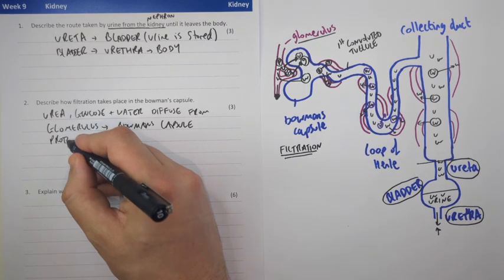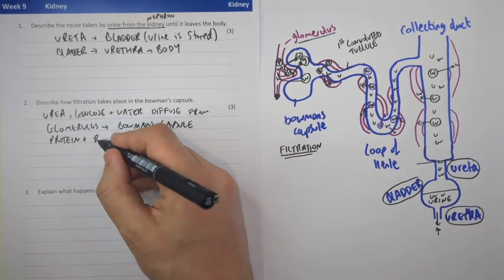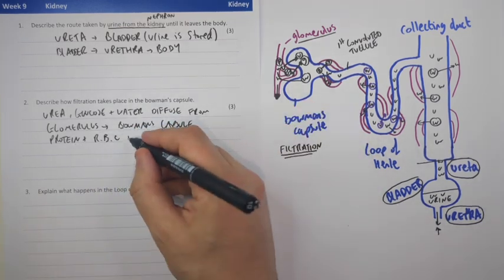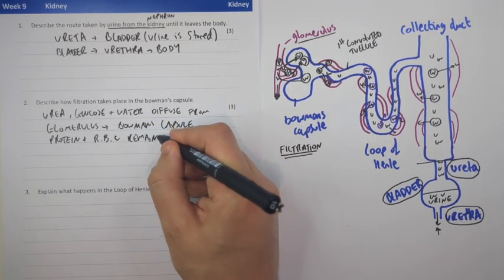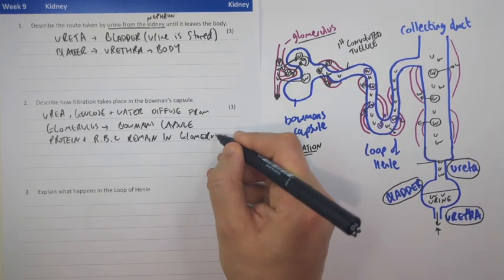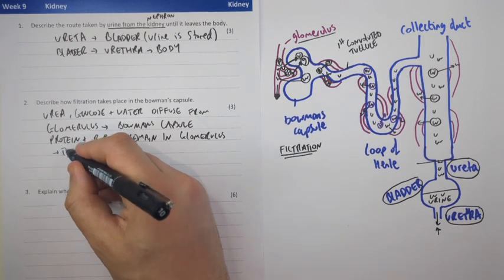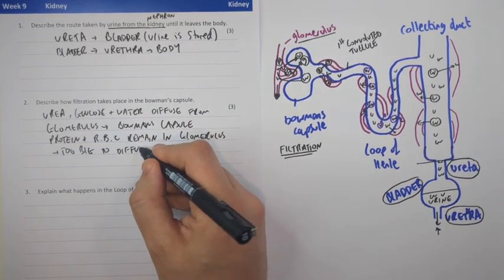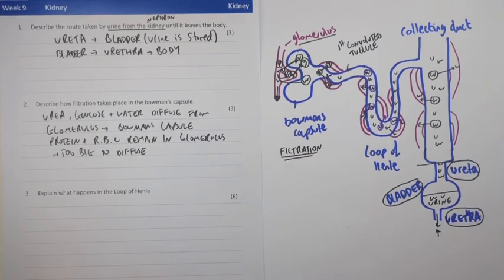Protein and red blood cells, don't write RBC, but I'm doing that for shorthand just for now, remain in the glomerulus because they're too big to diffuse. Okay, so that is filtration.